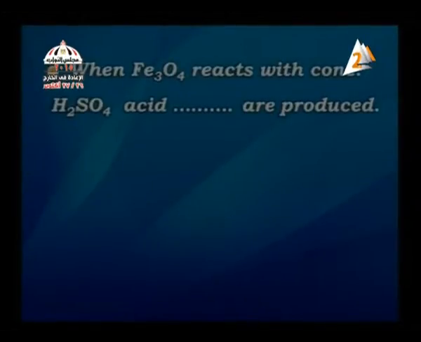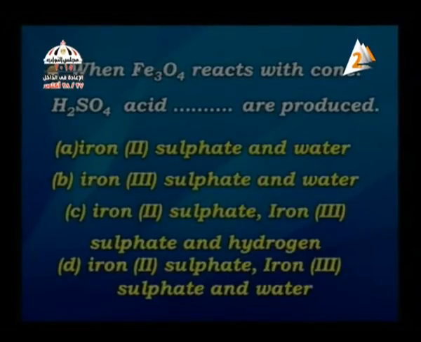Next point, when magnetic iron oxide reacts with concentrated sulfuric acid, what is produced? Is it iron 2 sulfate and water, iron 3 sulfate and water, or iron 2 sulfate and iron 3 sulfate and hydrogen, or iron 2 sulfate and iron 3 sulfate and water?